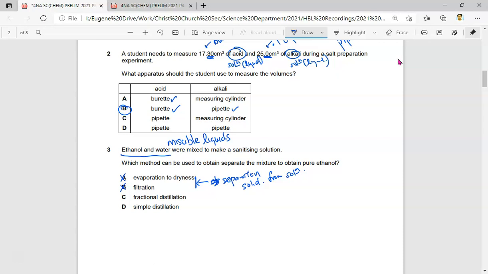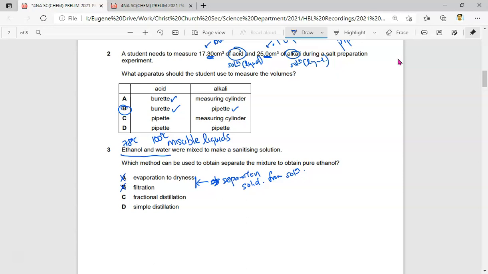Now you need to know that ethanol has a boiling point of 78 degrees Celsius. Water is 100 degrees Celsius. Distillation heats up the solution such that it starts to boil, and when it boils, you condense it to collect the liquid itself.